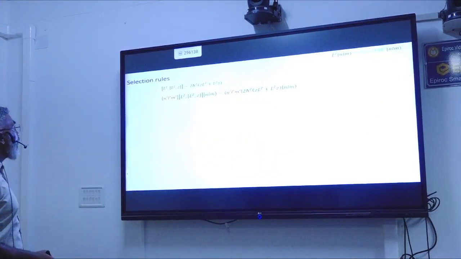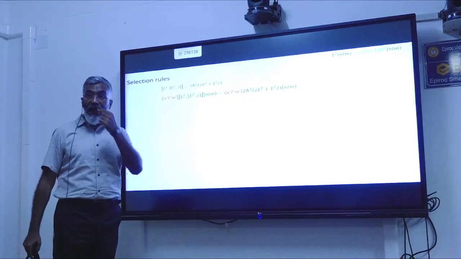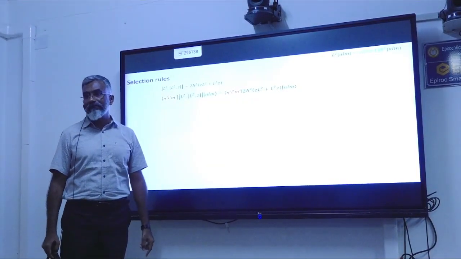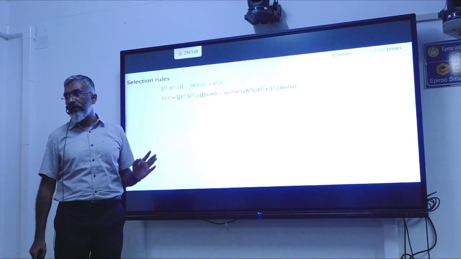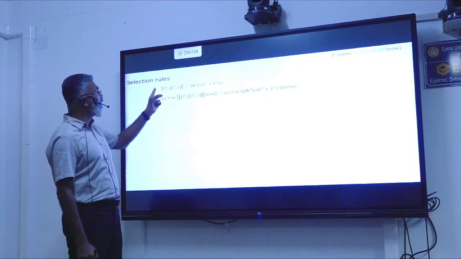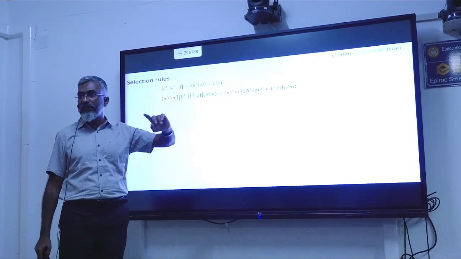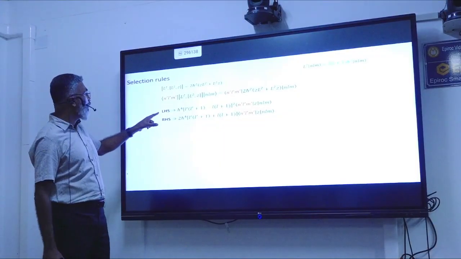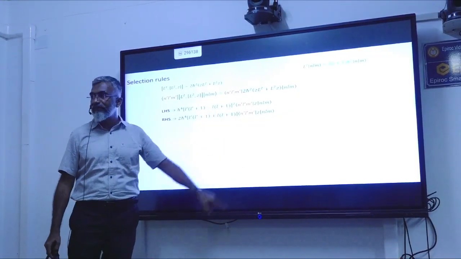Now, the second is for L, where I'm going to use this particular expression. Okay. So you can take the left hand side, and if you just do it, you should get the right hand side. So I'm trying to do this, and if you plan this, you should get this.